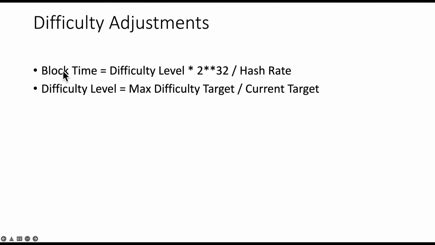Block time is calculated by this equation, and our goal is to make block time stay at 10 minutes long. So in this equation, this is fixed, and hash rate is the number of hashes miners calculate per second. Hash rate is changing in real time, and difficulty level is changed every 2016 blocks.